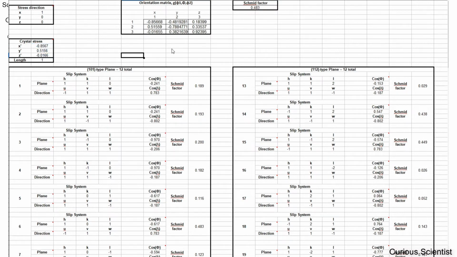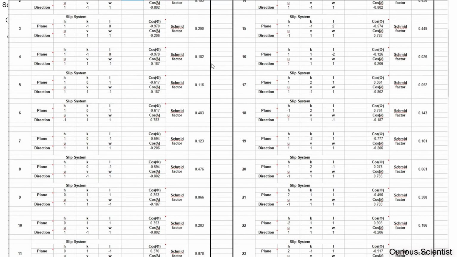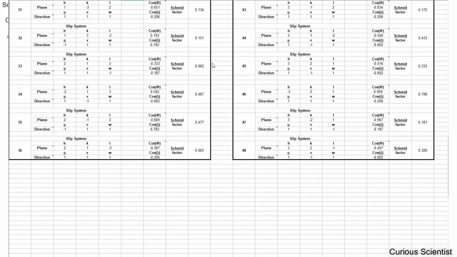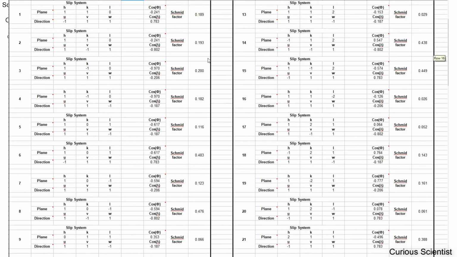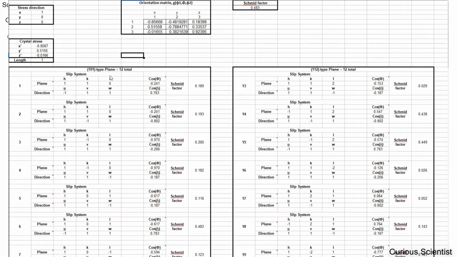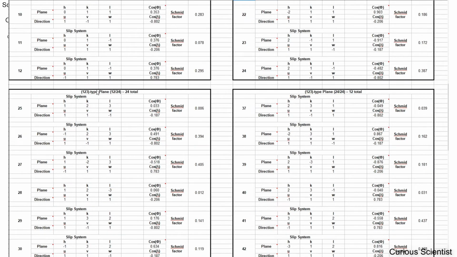And then we have this. So yeah, this is a huge mess, but what you can see here is I separated the 3 different types of planes. So here you can see the 101 type. Here you can see the 112 type plane. And these two big things are one part, so half of the 123 type, and the other half of the 123 type planes.